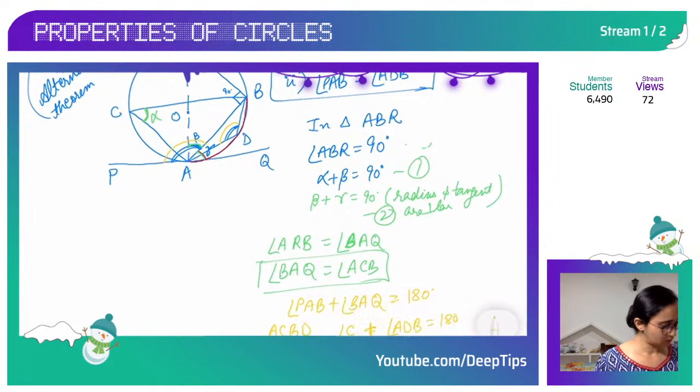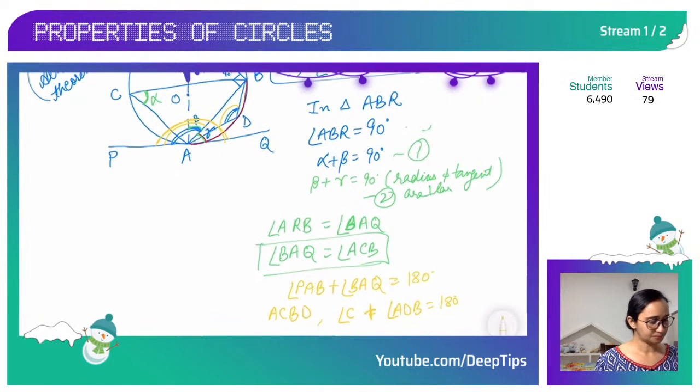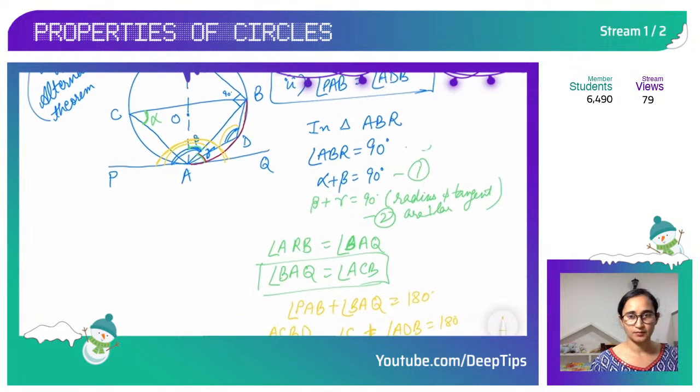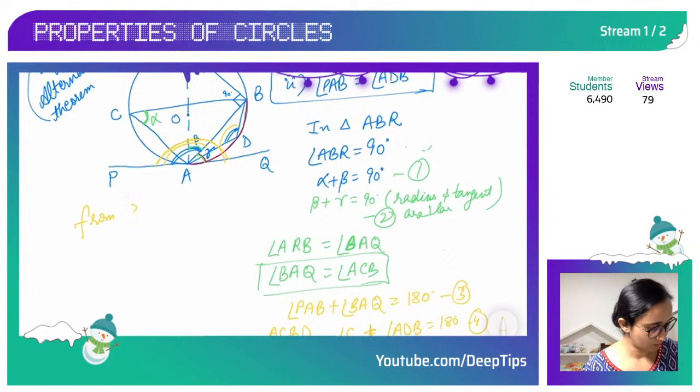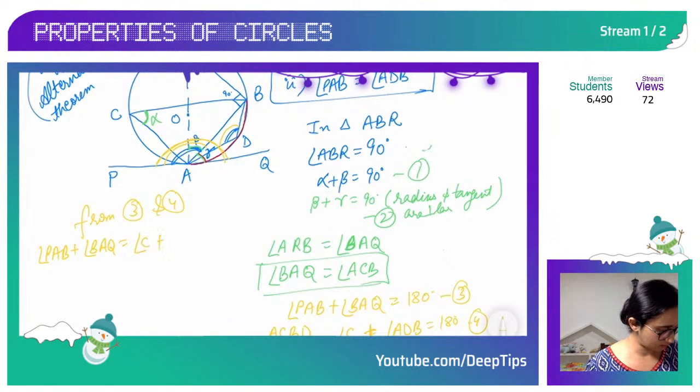Okay, so here all these angles add up to 180 degrees, PAB plus BAQ, straight line. And then if I take the cyclic quadrilateral ACBD, then angle C plus angle ADB is 180 degrees. So I can write here angle C plus ADB equals 180. Now I can equate these 3 and 4. So from 3 and 4, angle PAB plus BAQ is equal to angle C plus angle ADB.